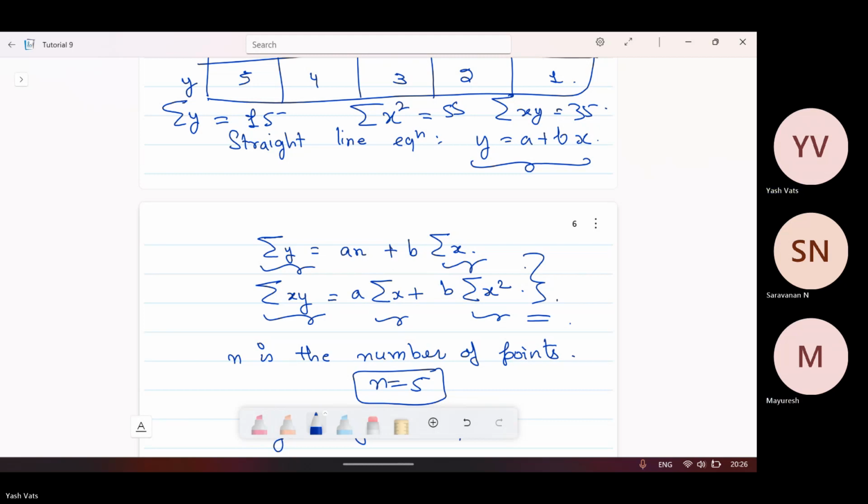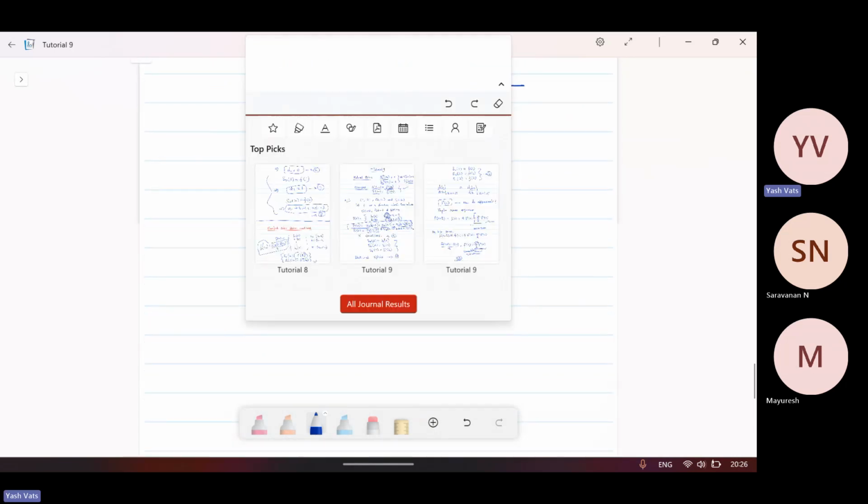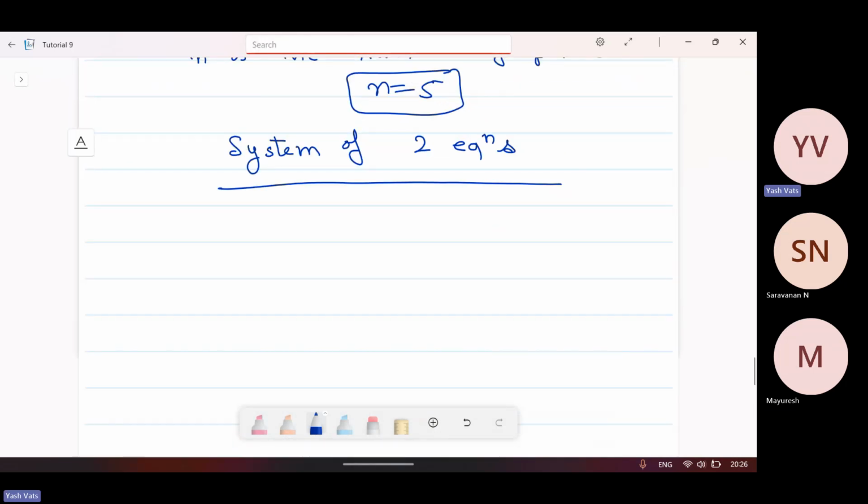Okay. So in general, how to derive this one: least square straight line and quadratic fits for discrete data.